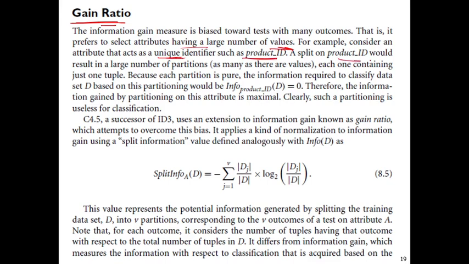A split on product ID would result in a large number of partitions, each one containing just one tuple. Because each partition is pure, the information required to classify data set D on this partitioning, Info_productID(D), would be 0. Therefore, the information gained by partitioning on this attribute is maximal. Clearly, such a partitioning is useless for classification.